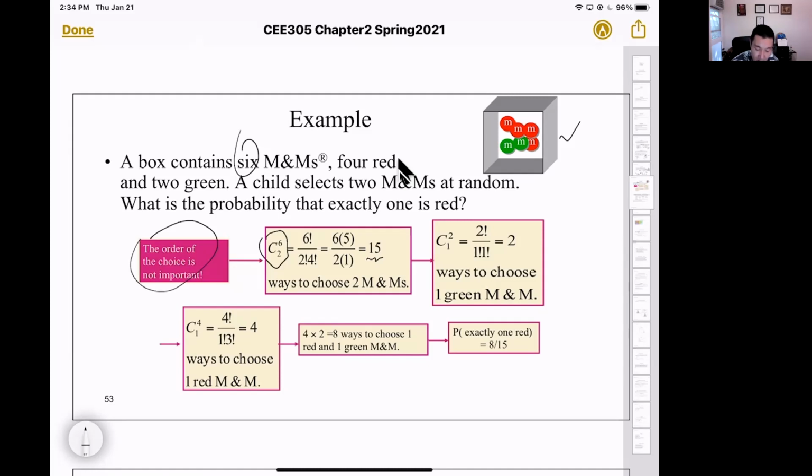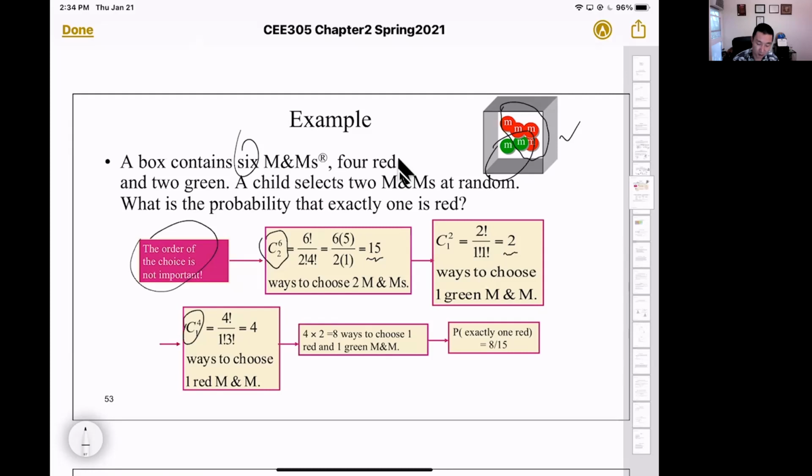Then let's see how many ways to choose 1 green. We only have 2 green, so we pick 1. The order doesn't matter, so we have C(2, 1), which is 2 ways to choose 1 green candy. Similarly, we have C(4, 1), 4 ways to choose 1 red because we have 4 red candies.